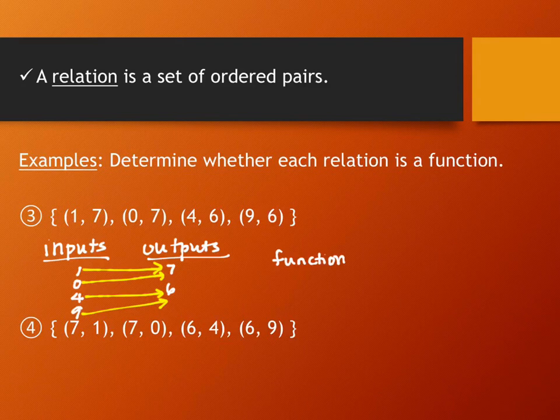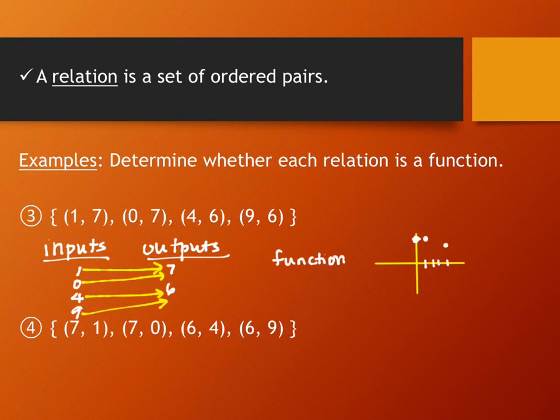Now, if you thought about graphing these, you don't necessarily have to draw this, but let me draw it for you so you can see why it works from that vertical line perspective. 1, 7 is something like this, right? 0, 7 is something like this. We have 4, 6 somewhere like this.